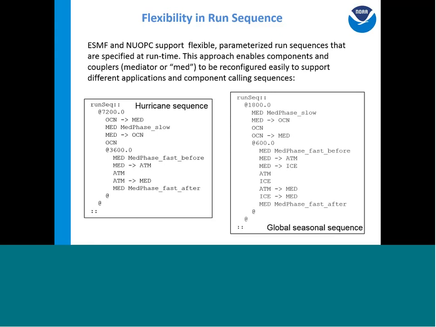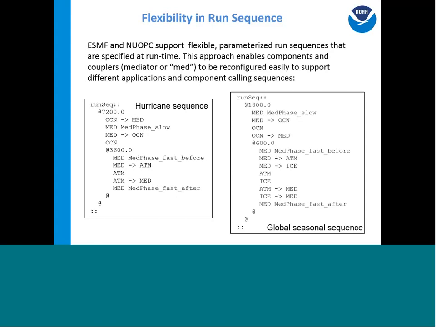And there are examples here. These are examples from NEMS of a hurricane sequence where you're just running an ocean and an atmosphere using a mediator to transfer data between them. And the global seasonal sequence is also shown on the right, which introduces an ice model as well.